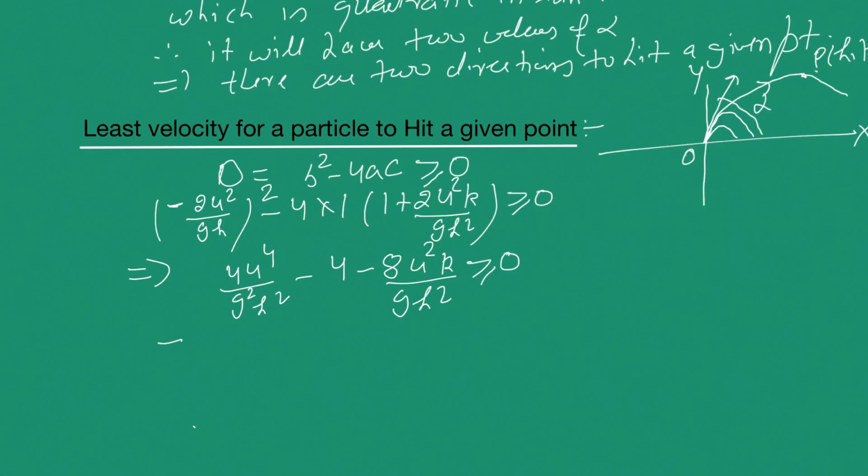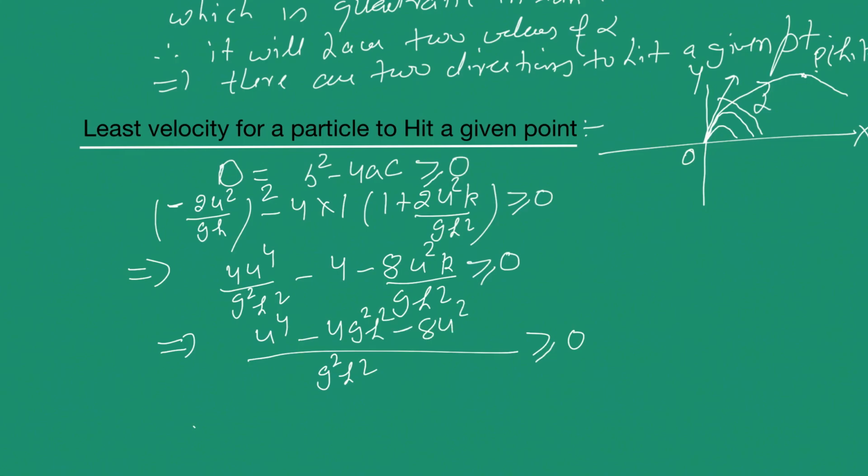This implies that u^4 minus 4, taking g square h square as the LCM, so this will be minus 4 g square h square minus 8u square k into g.